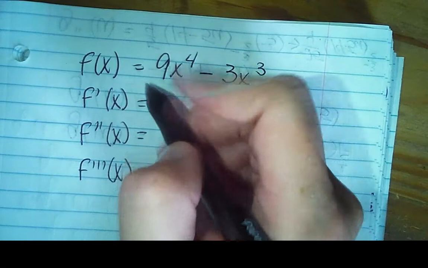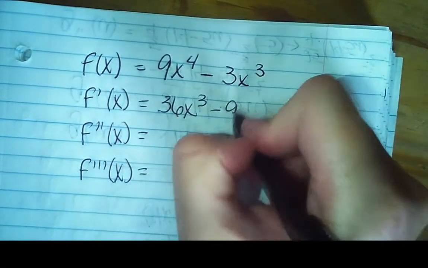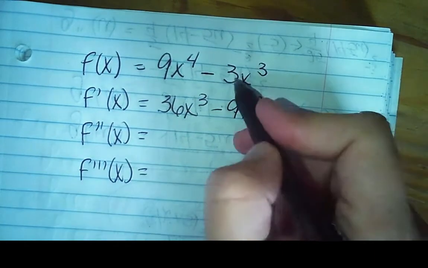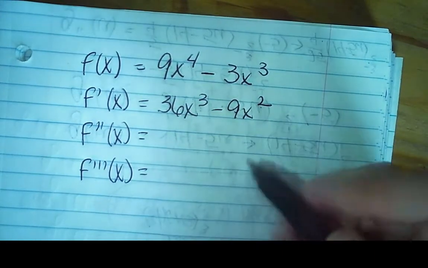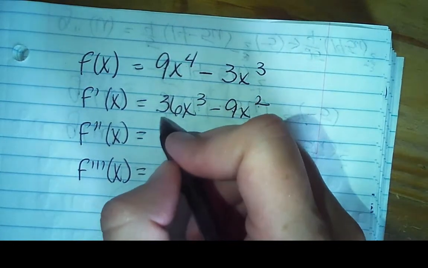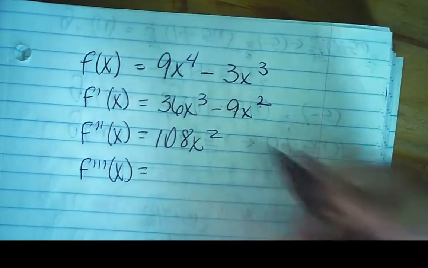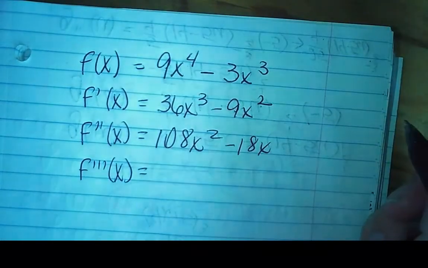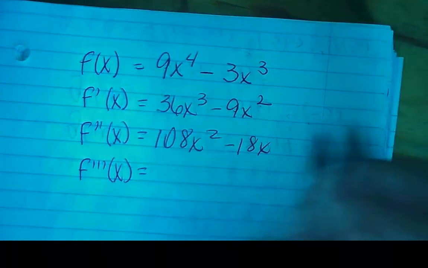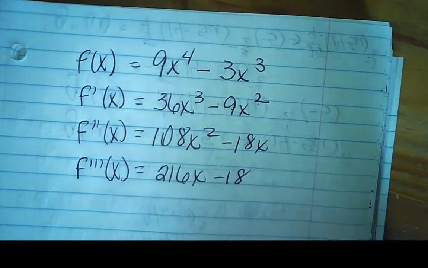Drop your exponent out front, drop your exponent by 1. There's your first derivative. Second derivative, 36 times 3 is 108x squared minus 18x. Third derivative is 216x minus 18.